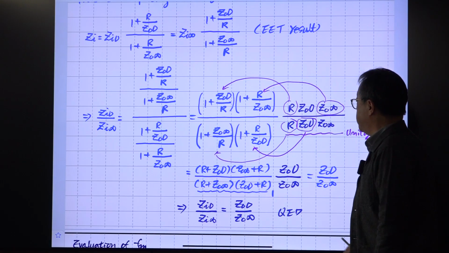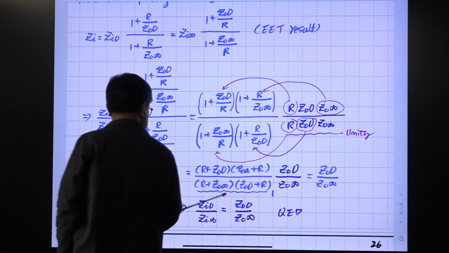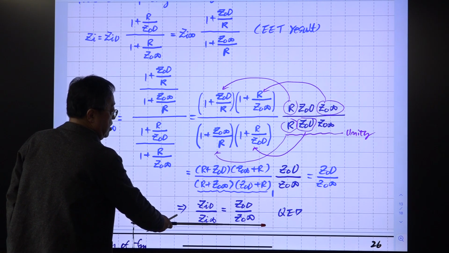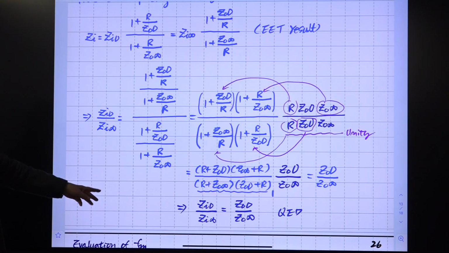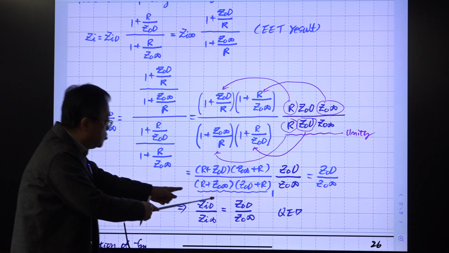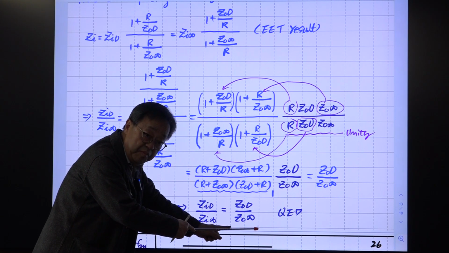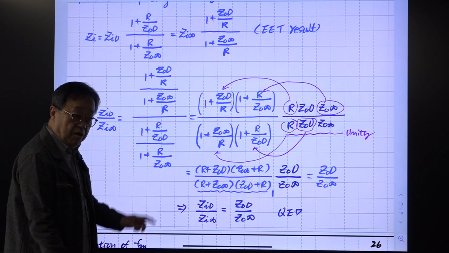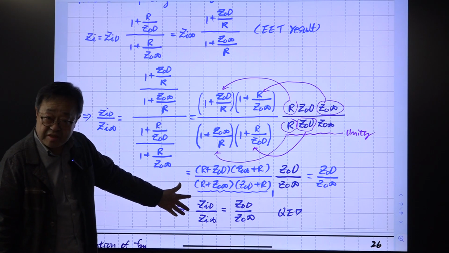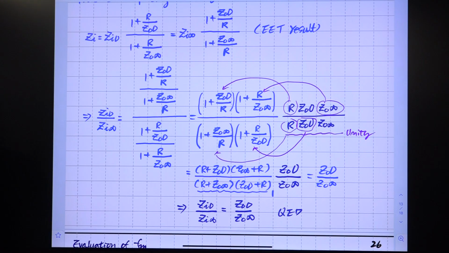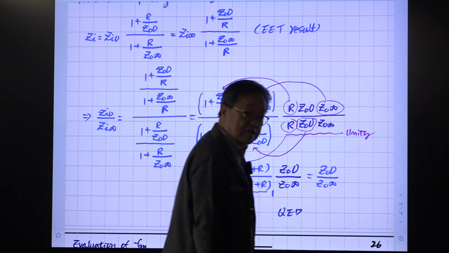So this is the conclusion. This is the result. And there are 2 implications of this, right? The ratio is the same, okay? That means the magnitude of this one should be the same, because they are the same. Another one is if this one is out of phase in some frequency region, then this one should be out of phase too.